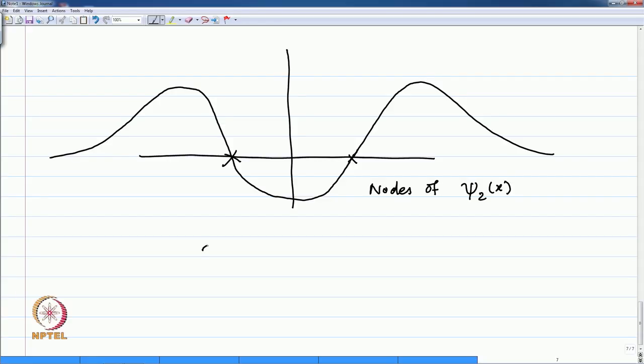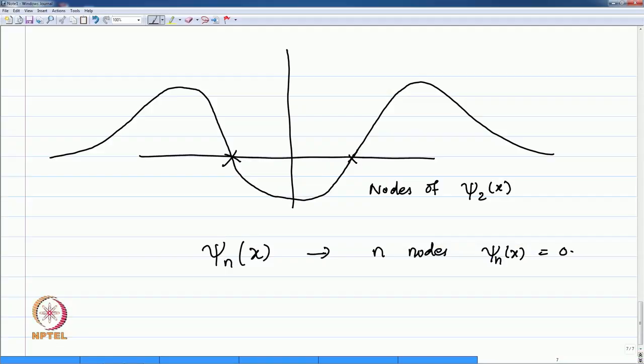And for any wave function with the quantum number n, psi n of x, which is the harmonic oscillator eigenfunction, there are n nodes at which psi n of x goes to 0. Okay. There are n points, but n is finite. Therefore, the number of nodes is finite. The nodes are not a serious problem.